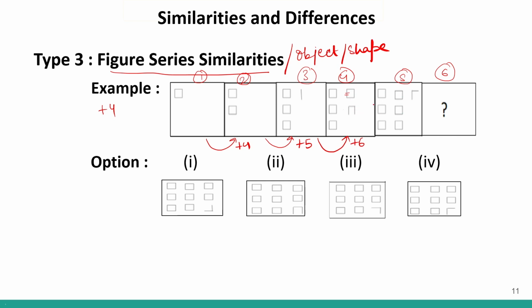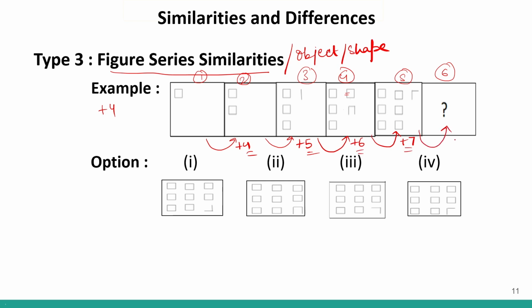Correct? Now let us check for this. Over here, up to this was already drawn, right? After this, we added 1, 2, 3, 4, 5, 6, 7. So we added 7 sides in total when we moved from this to this. So I can clearly see first we added 4 sides, 5 sides, 6 sides, 7 sides.